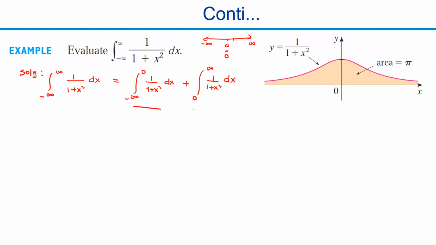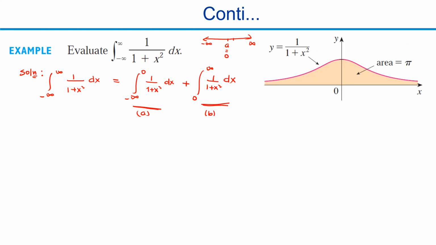So both this and this are what? They are still improper, which means we have to apply the limit on both sides, on the first one as well as on the second one. So just I will focus on the first one, this one, A part, and B part will be your exercise, okay?